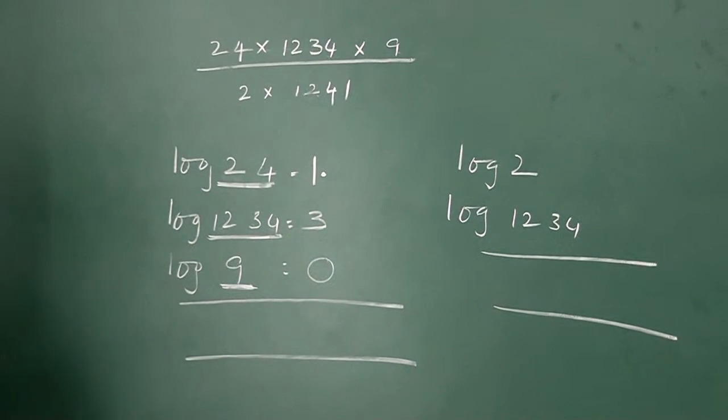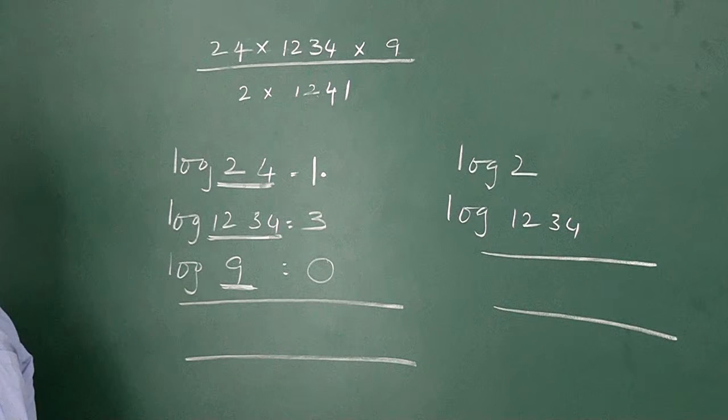So characteristic is n minus 1, where n is the number of digits present in that number. For 24, the number of digits is 2, so the characteristic is 1. Even for 11, the characteristic is 1, and for 99 also the characteristic is 1, because both have the same number of digits.